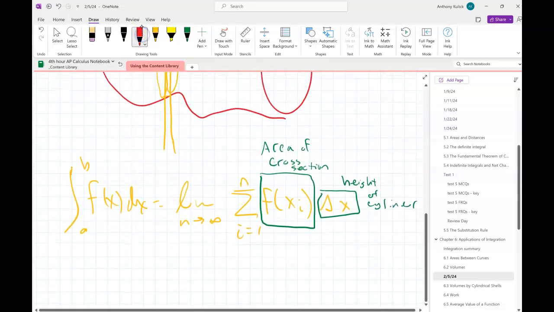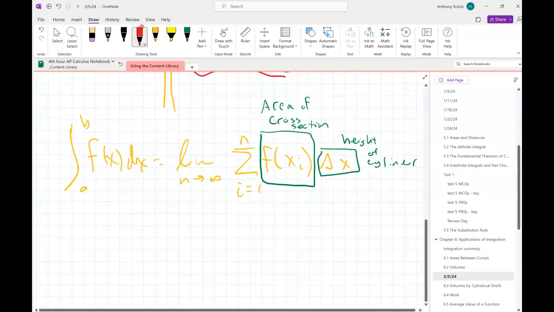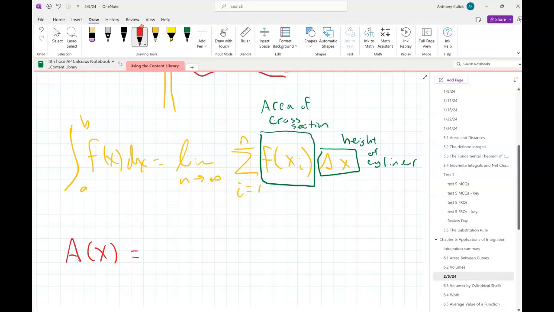So the trick, more or less, is figuring out this cross-sectional area, right? If that cross-sectional area is a circle, it'd be pi times r of x squared. So it'll be the expression for the radius, usually in terms of a variable, squared.